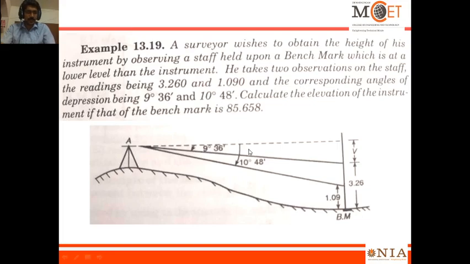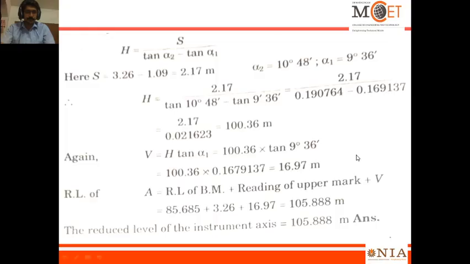Obviously from the line of sight to the top reading is V, you know, right? So here H is equal to S by tan alpha 2 minus tan alpha 1, the formula you know.